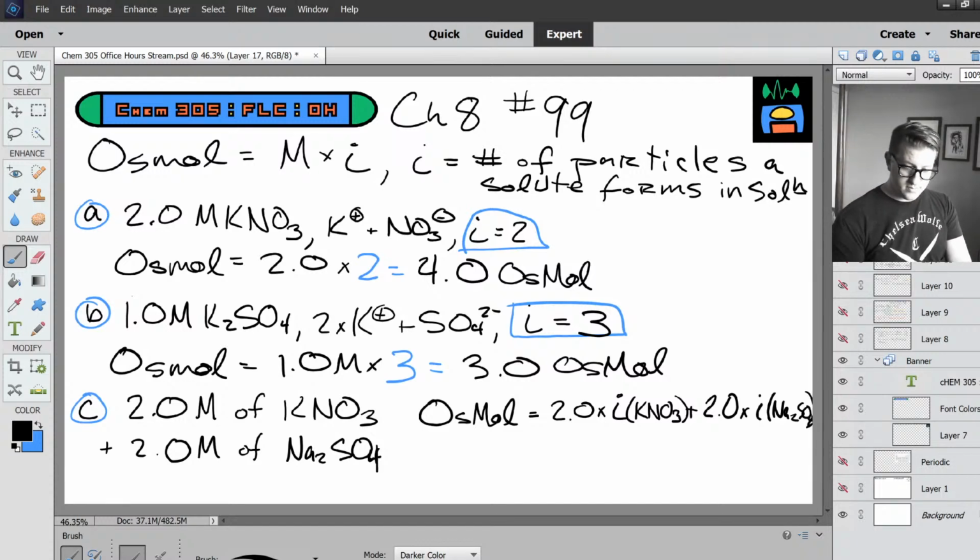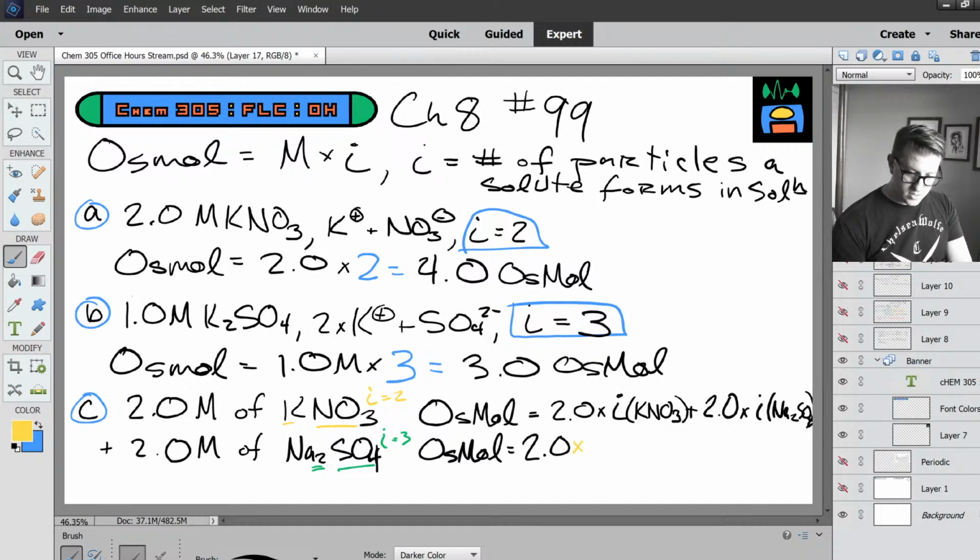So here, our i for potassium nitrate is 2, but for sodium sulfate, it's 3. So our osmolarity will be 2.0 times 2 plus 2.0 times 3.